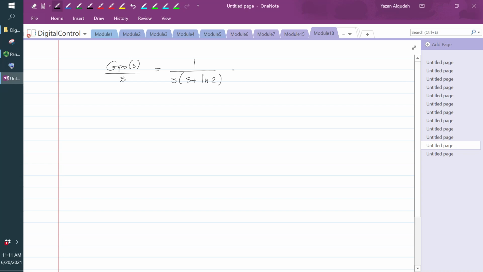Now what we're going to do is use the calculus of residues. We're going to express this as c0 divided by s plus c1 divided by s plus natural log of 2.